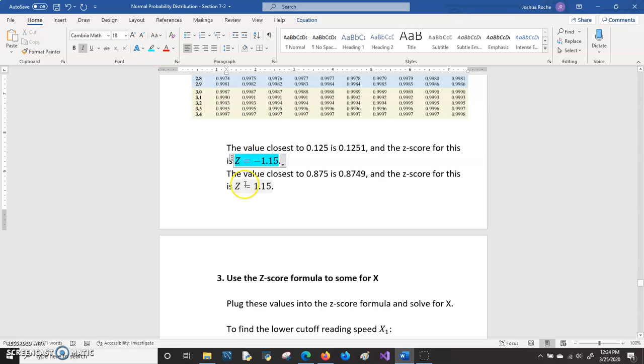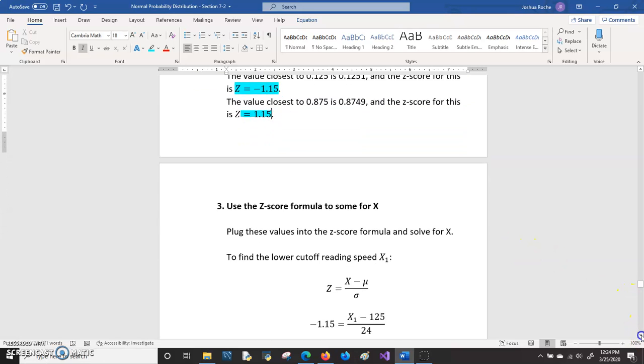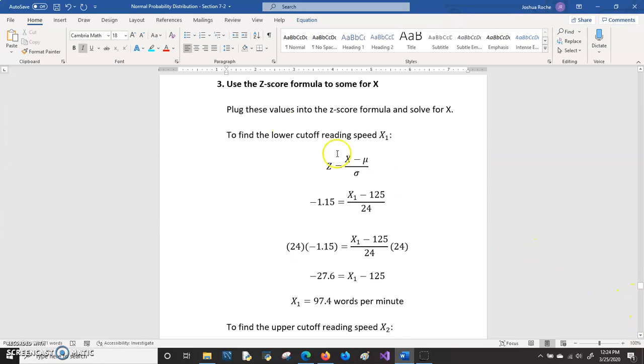And the next step is we'll plug those into the formula for the z-score. To find the lower cutoff reading speed, use the z-score formula. The z-score was negative 1.15. Solve for x.